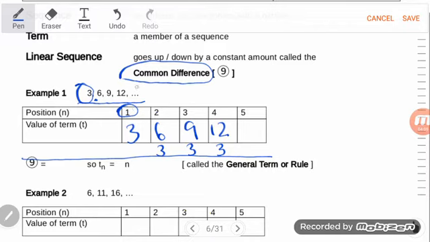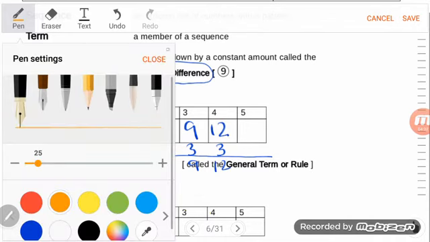So, 1 times 3 is 3. 2 times 3, which is our difference. Let's write that in here. Difference. 2 3s are 6. 3 3s are 9. 4 3s are 12. Okay, and it matches each time.